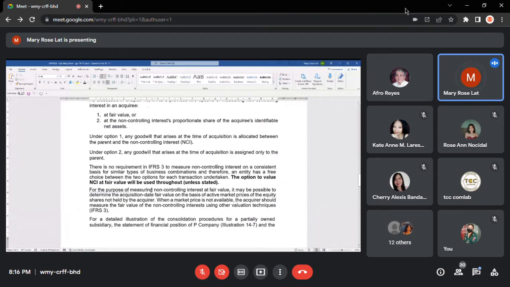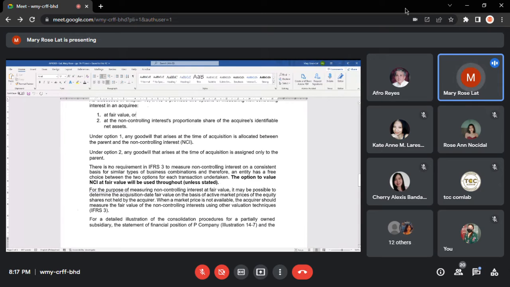So, mame-measure po natin ang NCI through active market prices po. At pag hindi po available yung market prices, pwede po tayong gumamit ng other valuation techniques. According po sa IFRS 13, ang other valuation techniques daw po ay yung market approach, cost approach, at income approach.